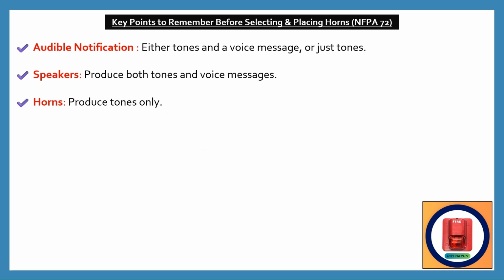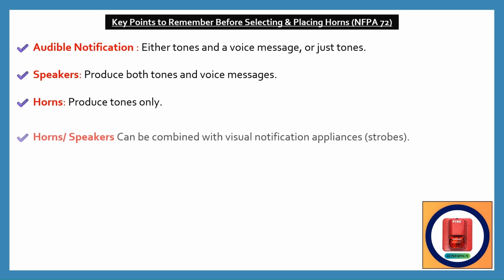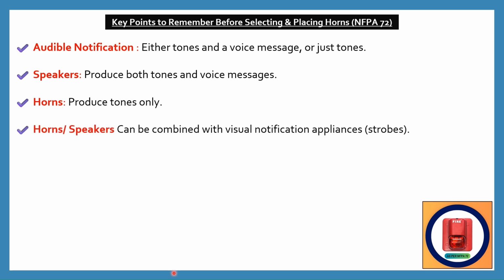So, combining horns and speakers with visuals: horns and speakers can be combined with visual notification devices like strobes for added clarity, especially in areas where people might have hearing impairments or in noisy environments. We can go ahead with horn with strobe or speaker with strobe.